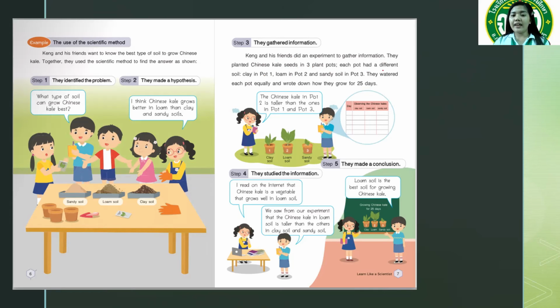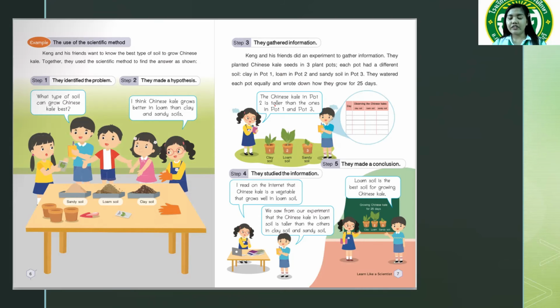Each pot had a different soil. There is clay in pot 1, loam in pot 2, and sandy soil in pot 3. They watered each pot equally and wrote down how they grow for 25 days.